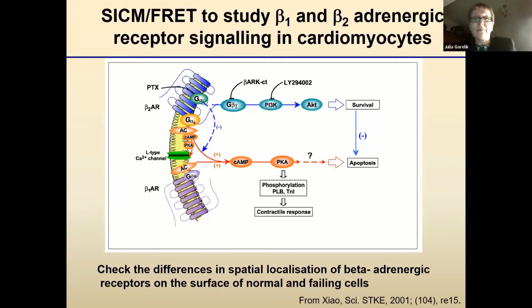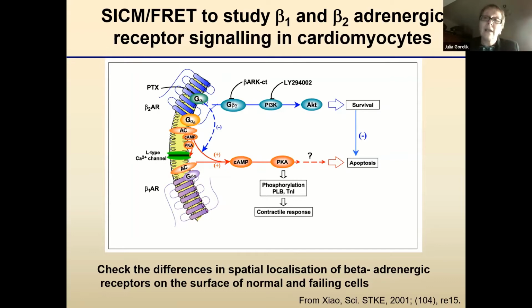From the very beginning, we knew the beta-1 and beta-2 receptors have different functions but a similar second messenger, cyclic AMP, and we didn't know how we could localize these receptors.